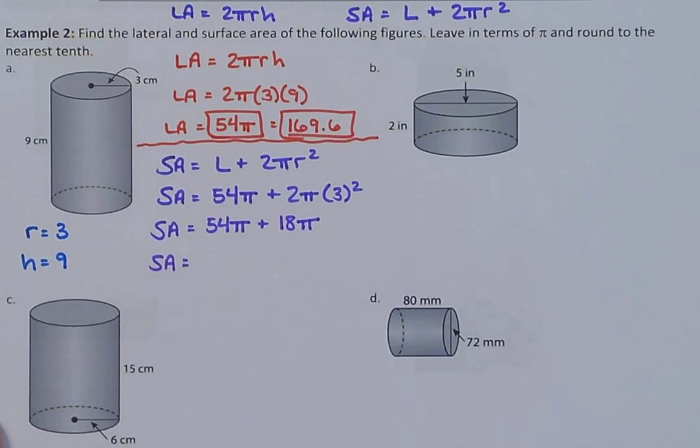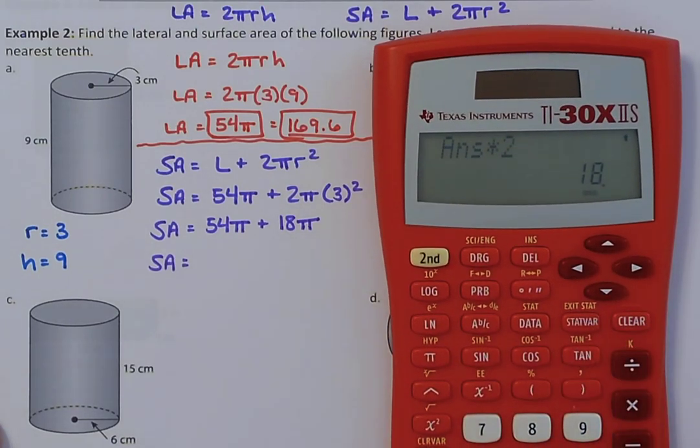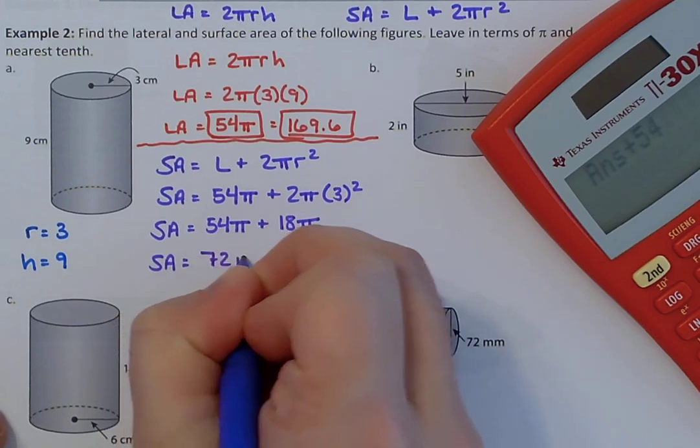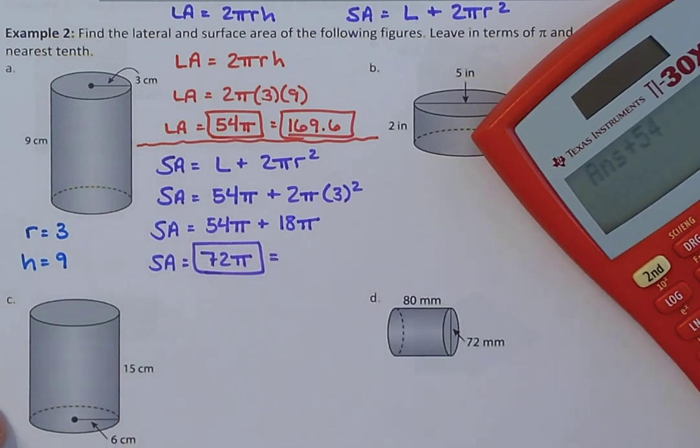So for our surface area, we're just going to add 54 and 18, and we get 72 pi for our surface area in terms of pi.